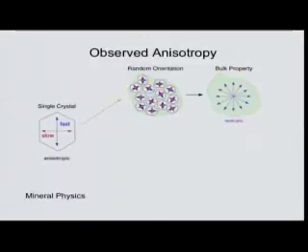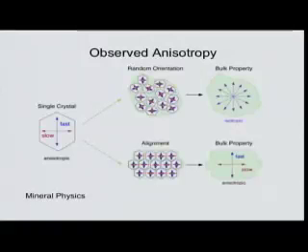However, if there is some sort of mechanism that would align these crystals, that's a different story. You could end up with a bulk property that would preserve most or some of the anisotropy that's expressed by a single crystal. The easiest case is if you grow the single crystal to a large size, then the bulk property would still have anisotropy in there, and that's what we can measure in seismology.